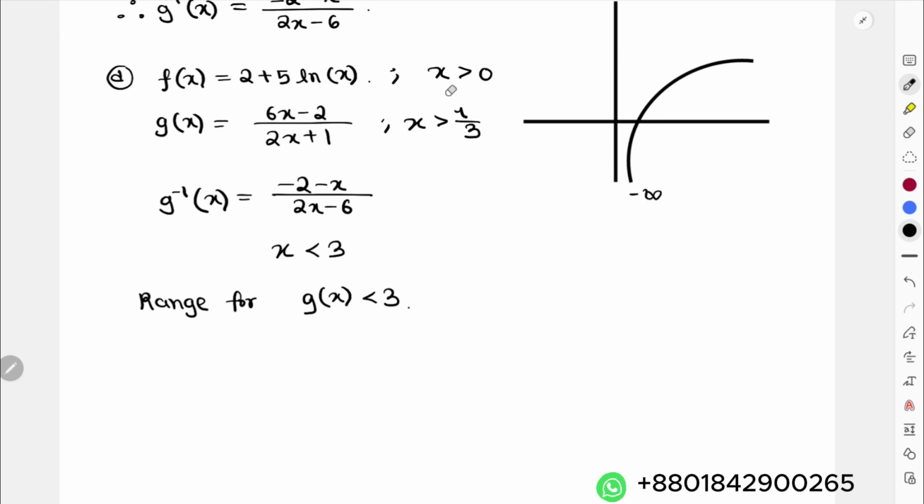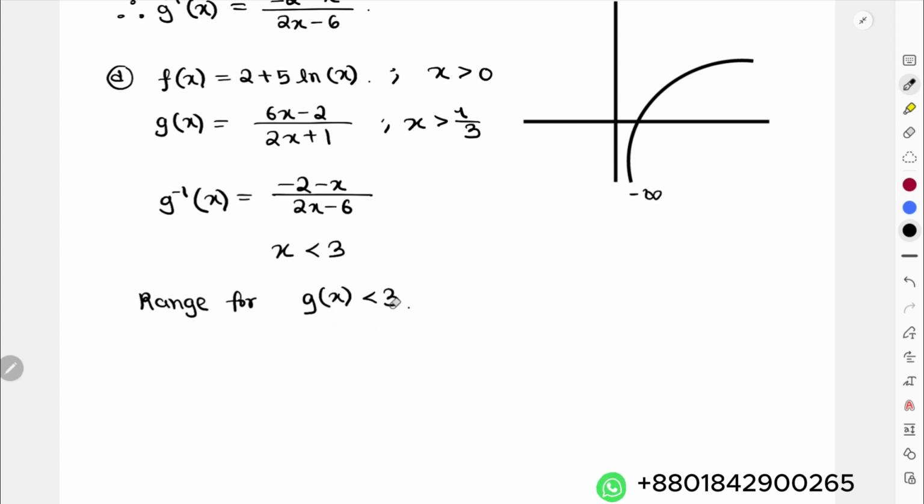That your f over here cannot be equal to your infinity value. Whenever your x is equal to 0, then your f(x) is also minus infinity. Then you can write that over here your f(x) is greater than minus infinity, and the range for g(x) is less than 3.